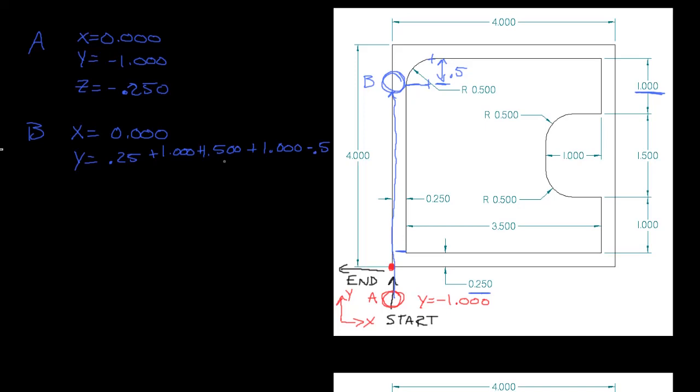So 1 plus 1.5 is 2.5, plus another 1 is 3.5, minus a 0.5, which brings me to 3. And then I'll add on this 0.25 here. So y will be equal to 3.25. So that's where it ends up, right at the beginning of this arc.